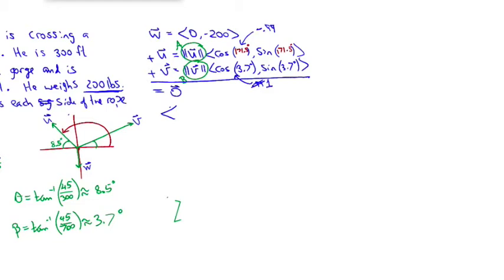Technically, you should go four decimal places, but we'll stick with two. So the first component of the first one is 0. The next one is the magnitude of U times negative 0.99, so negative 0.99A. And the third one is 1 times the magnitude of V, so plus B.